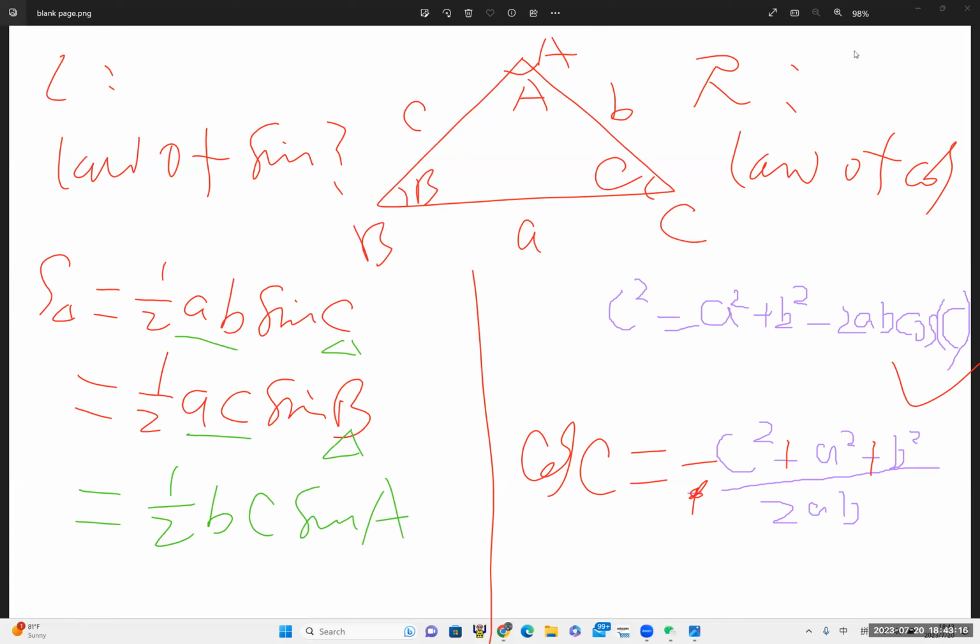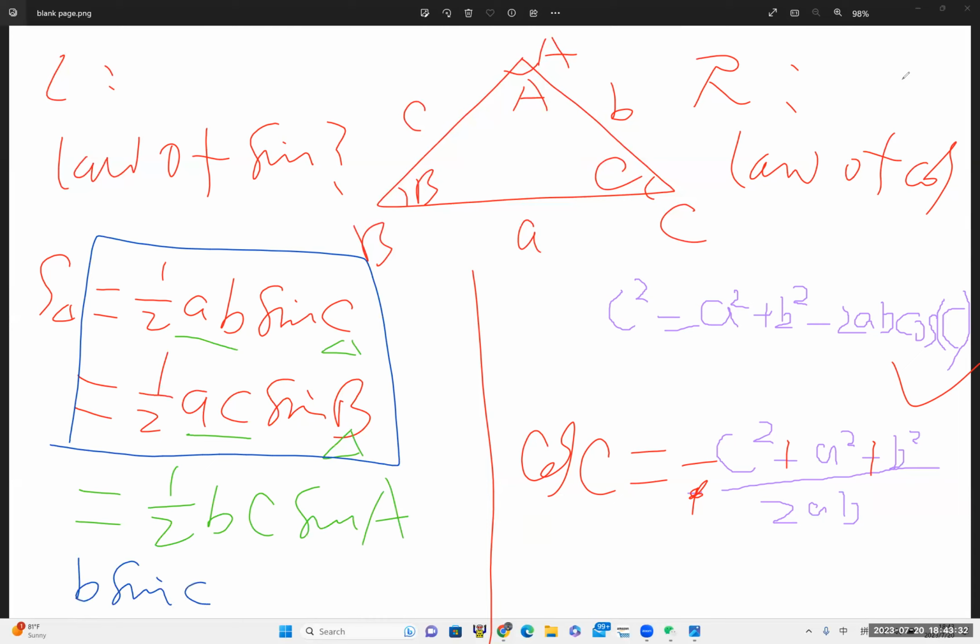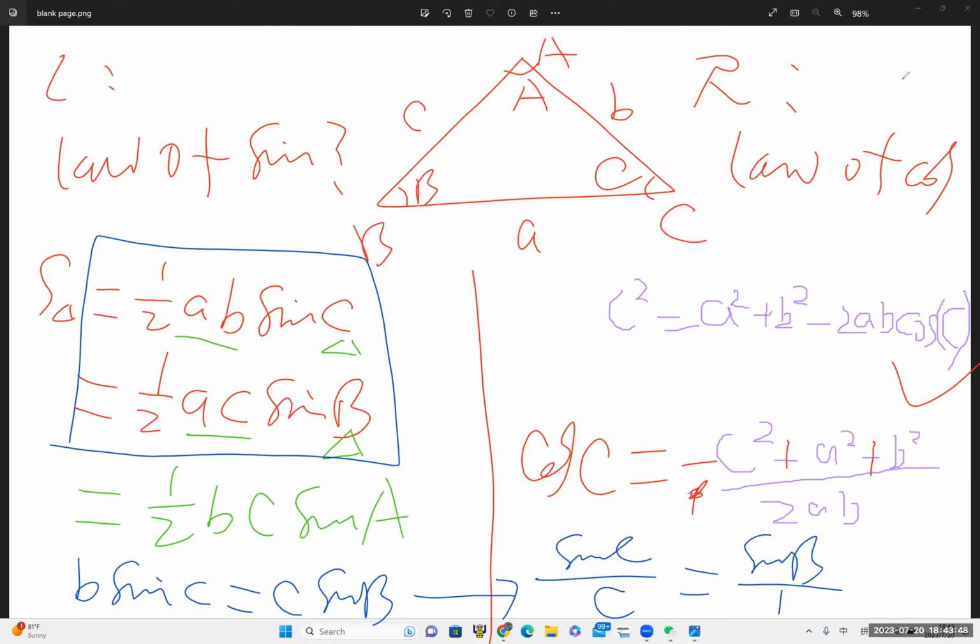Then from this we can get, for example, we make use of this. This means they are equal to each other, right? Then after we cancel half a, we get b sine C equal to c sine B. Then cross multiply, we have sine C over c equal to sine B over b.